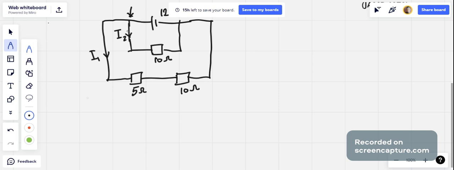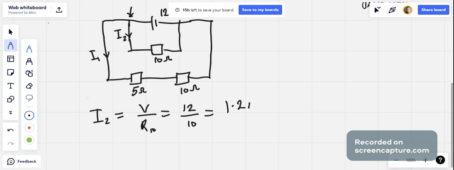So I2 will be given as what? The terminal voltage divided by the value of the resistance, that's R10, which is 12 divided by 10, and that will be 1.2 amps. So we've gotten that one.